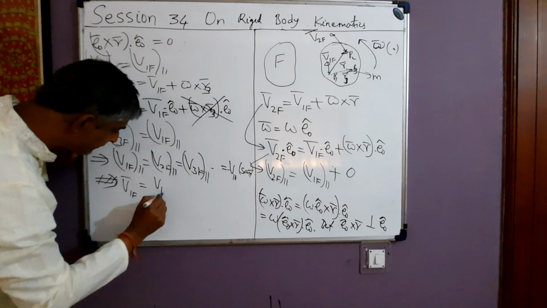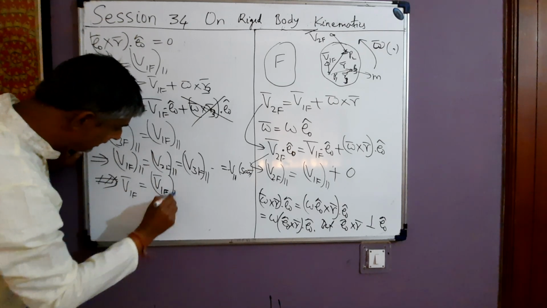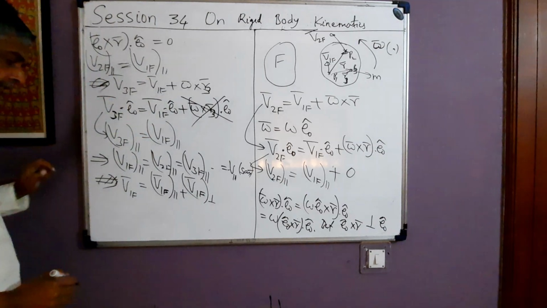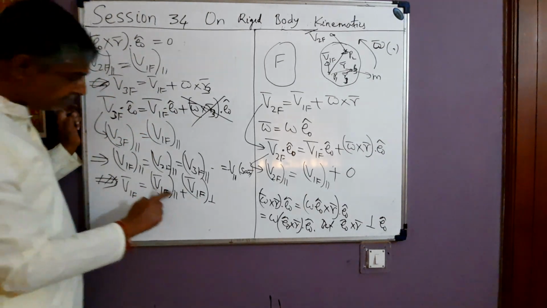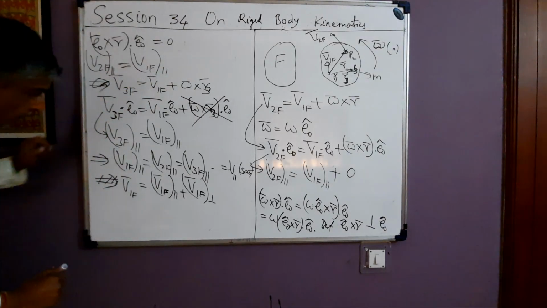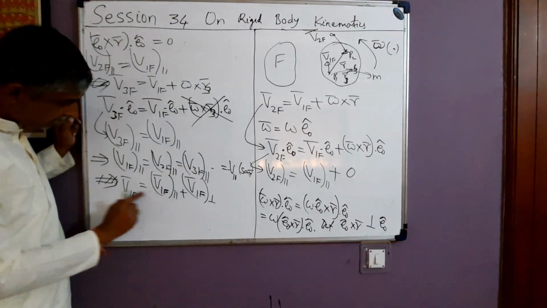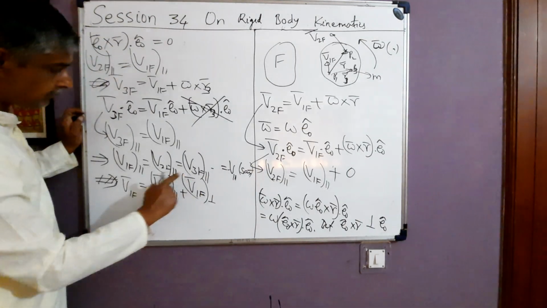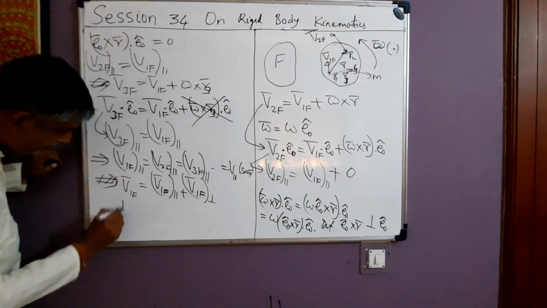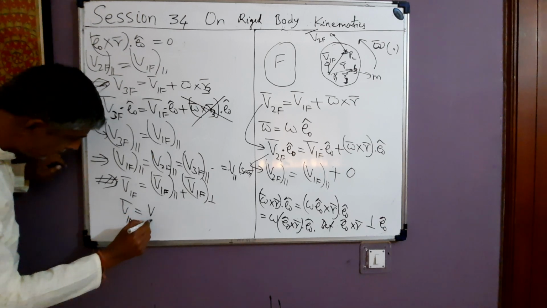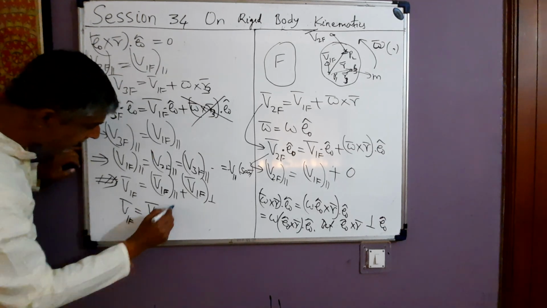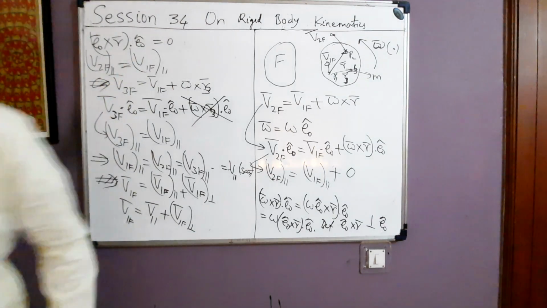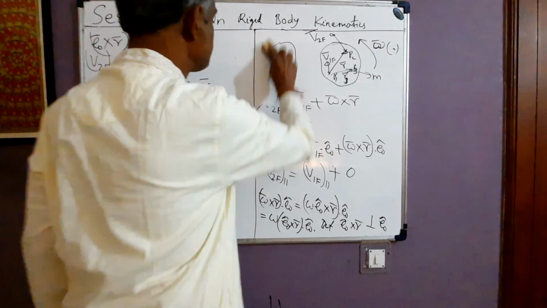I'll write it as V1F parallel plus V1F perpendicular. So V1F is equal to V1F parallel plus V1F perpendicular. Now this is the component of V1F along omega and this is the component of V1F normal to omega. Now this quantity V1F parallel is just V parallel. So V1F is equal to V parallel plus V1F perpendicular. Fine.